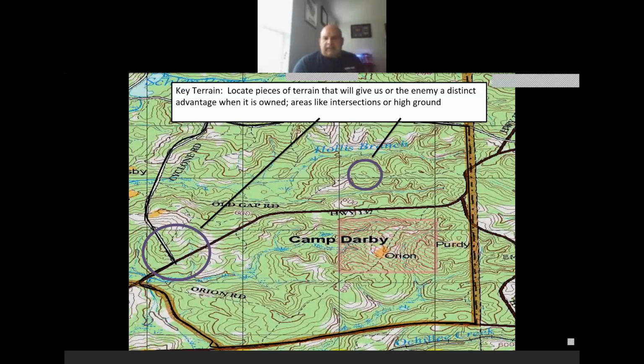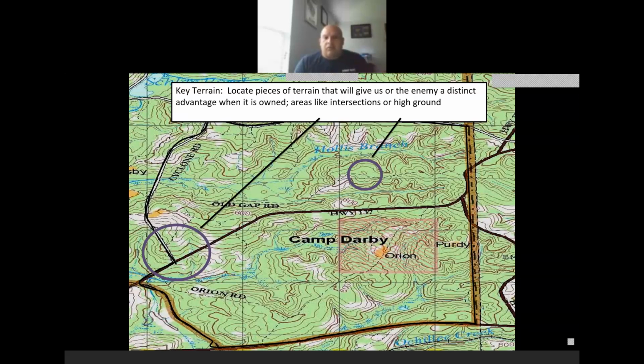So the enemy sees key terrain just like we see it. It's identified on a map. It's identified on the ground. The enemy uses key terrain just like we do. They either use it as an ambush or as key terrain that they're going to hold, because it has a major influence on the area of operation that you're fighting in.